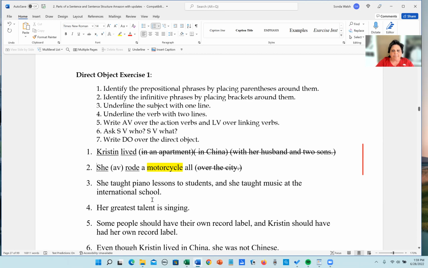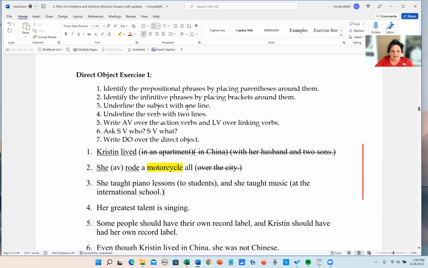Number 3. She taught piano lessons to students and she taught music at the international school. So the first thing I'm going to do is identify the prepositional phrases. So to students is a prepositional phrase. And at the international school is a prepositional phrase.